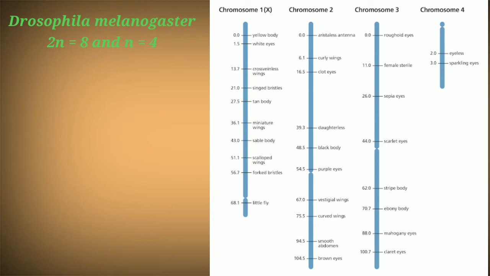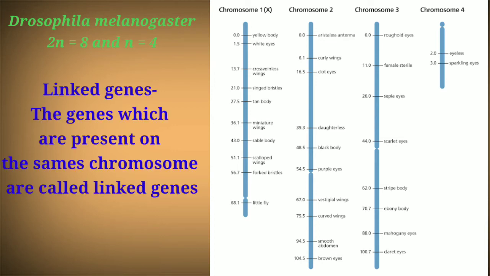Now, these genes which are present on the same chromosome are called the linked genes. And as you can see there, they maintain a particular distance. That means all the genes are not together. They are present over a distance. Some genes are nearby each other, and some genes are distant from each other.